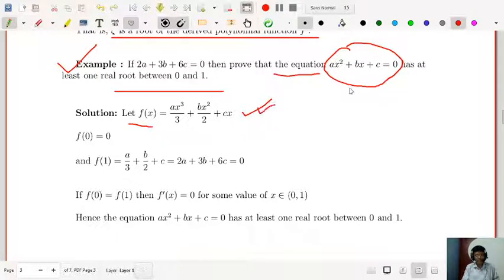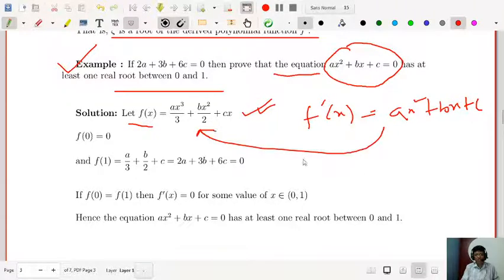This is the clue. If you have this type of quadratic, you take the integration of that quadratic as f(x). Then if you differentiate, you will get the function ax square plus bx plus c. So that is the integration and this is your derivative. There is a link between f(x) and f dash x.